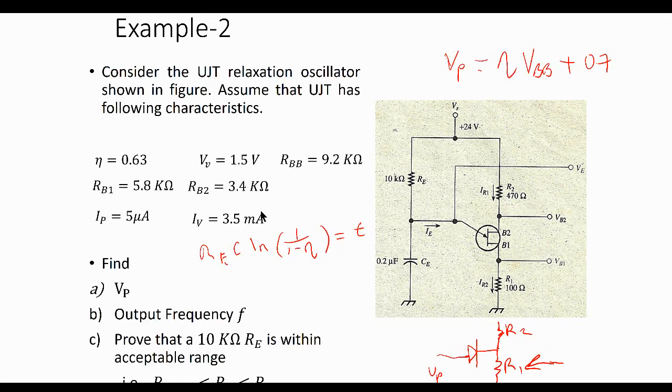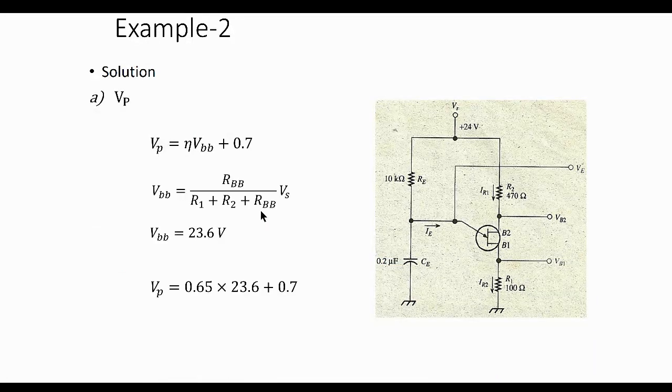No, the RBB here is 9.2 kilo ohm. So it'll be 24 times RBB, and your RBB here is 9.2 kilo ohm, divided by your R1, and your R1 was 5.8.